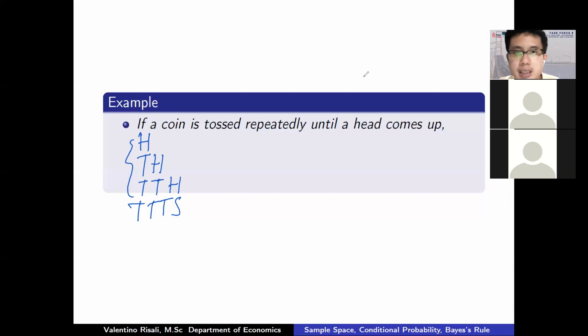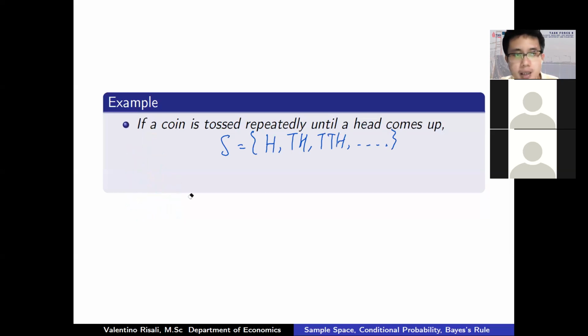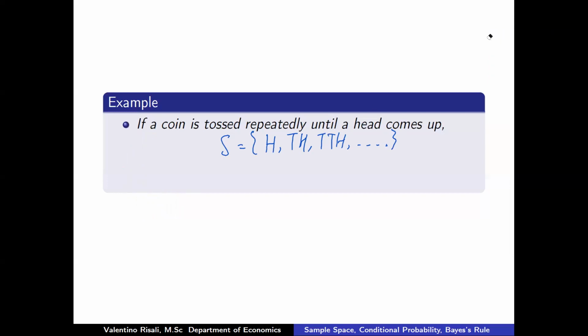So for this sample space, we can write H, TH, TTH, and so on until infinite. Okay, thank you, Owen. Of course, the number of elements in this sample space is infinite.